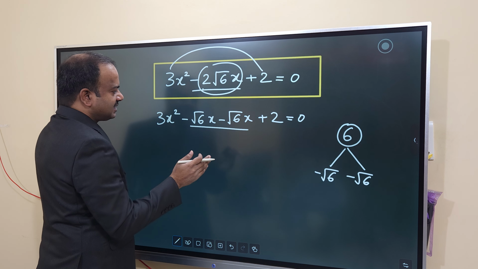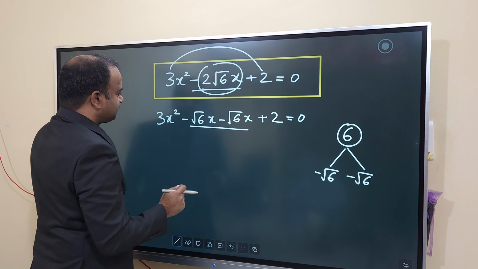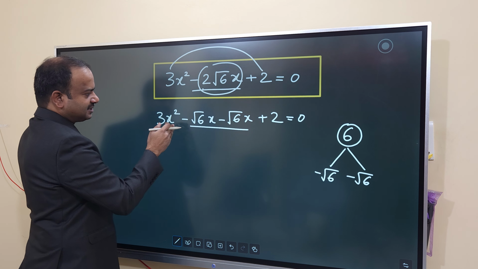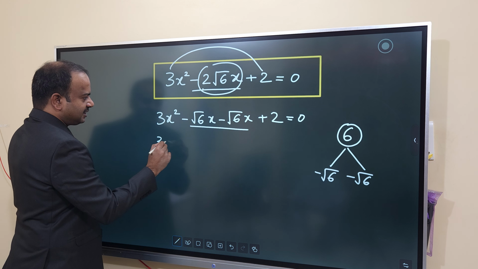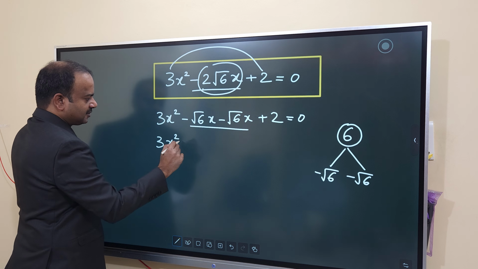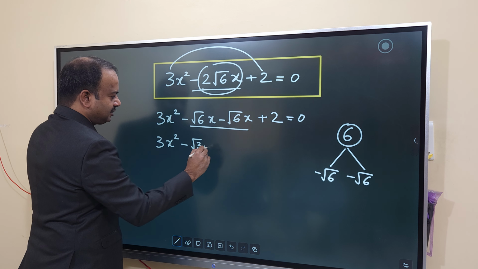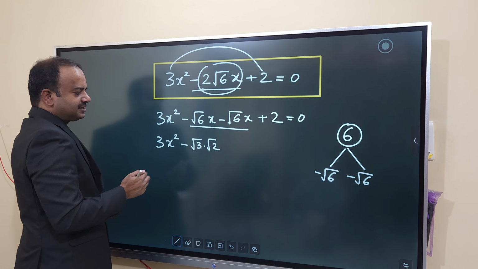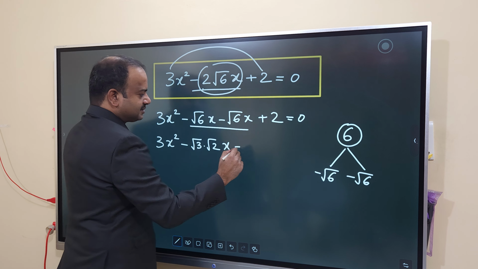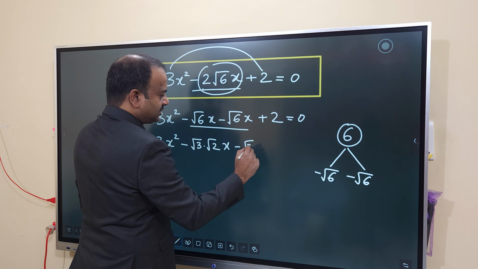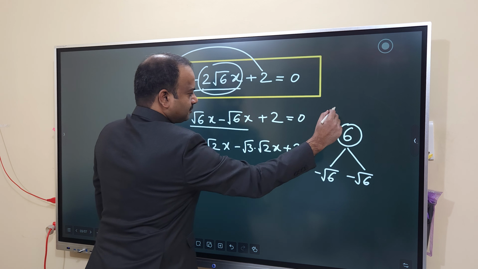Here I have minus root 6x and minus root 6x. Now, for the 3x squared and minus root 6x, I need to find a common factor. I'm going to write 3x squared minus root 3 into root 2, which is root 6x, minus root 3 into root 2x, plus 2 is equal to 0.